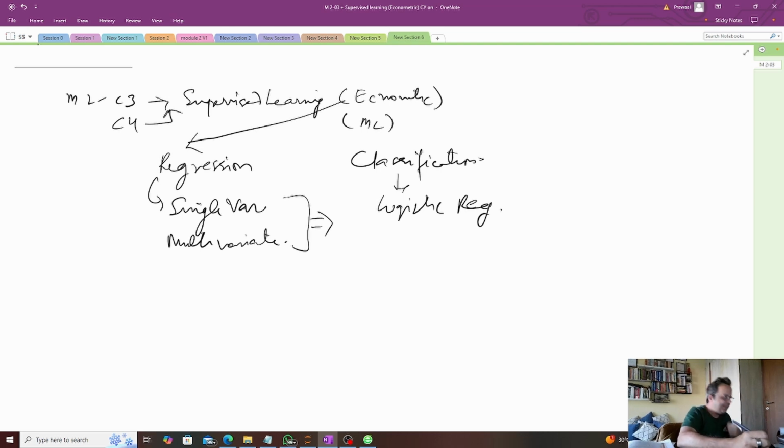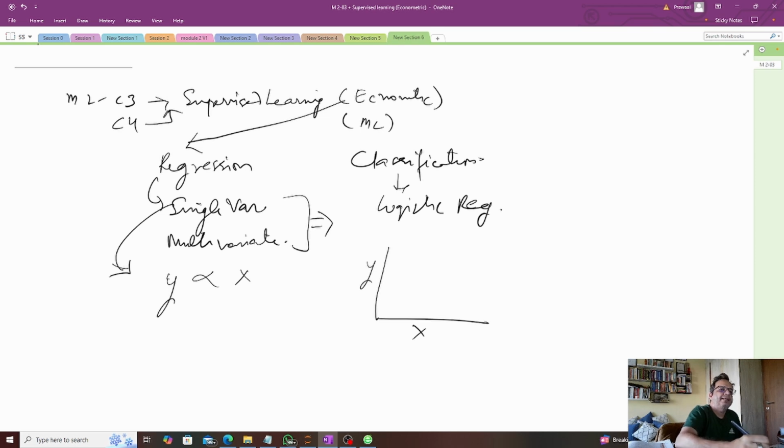So what happens in regression, let's talk about the single variable regression. Let's suppose you have a parameter y which is related with, say, some parameter x, and then you try to mathematically model it. Let's suppose this is your x and this is your y, and let's suppose your points are distributed like this.